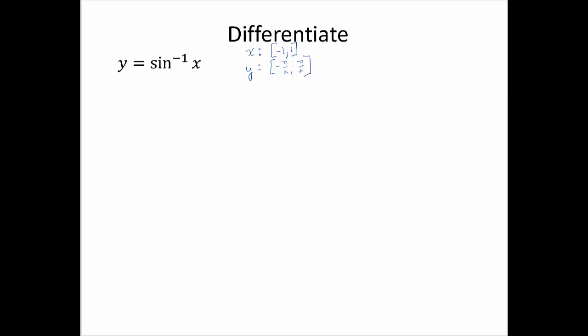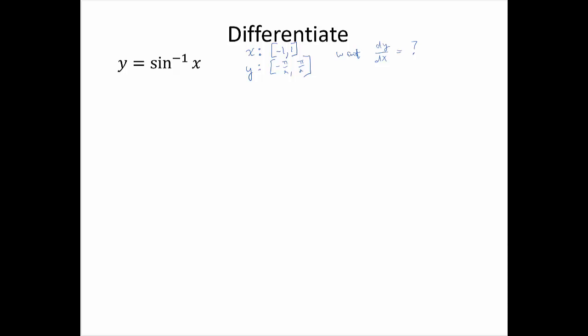And our goal now, if we want to differentiate this, is dy dx equals something. Well, we don't know the formula yet, so we have to use a little trickery to get there.